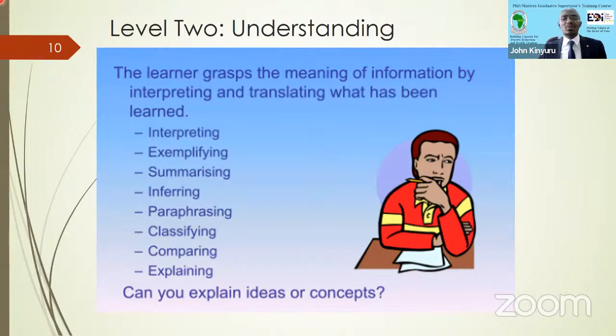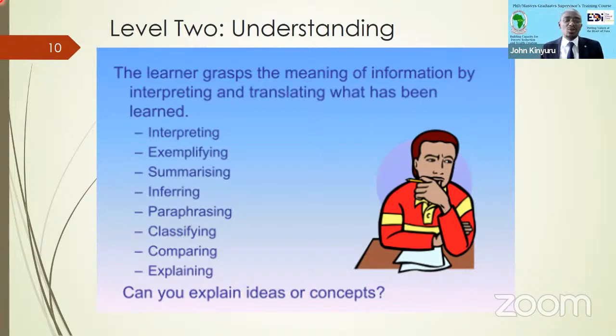So now we want them to start interpreting. We want them to start exemplifying, summarizing, classifying, comparing different sources of vitamin A. Is it green vegetables, or is it citrus fruit? Is it a pawpaw that is a better source of vitamin A, for example?